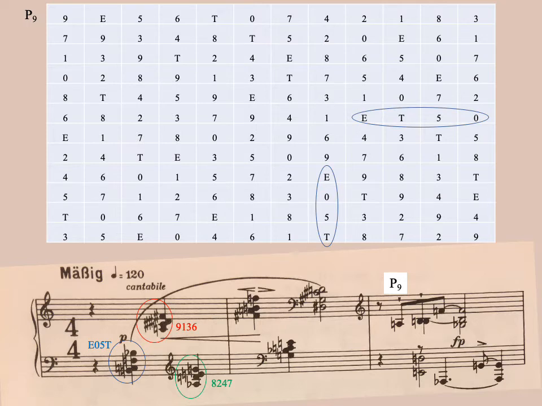So to figure out which one is the right one, I need to look at what comes next, because what comes next will help me figure out whether I want to go horizontally across with a retrograde form, or whether I want to go vertical from the bottom to the top with a retrograde inversion form. So that chord in red has A and C sharp and D sharp and F sharp in it, or 9, 1, 3, and 6.